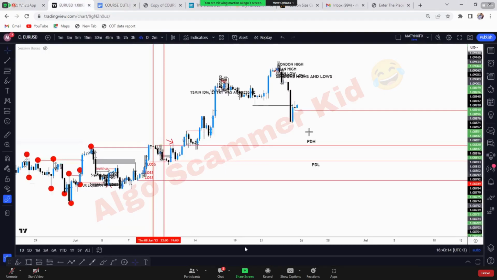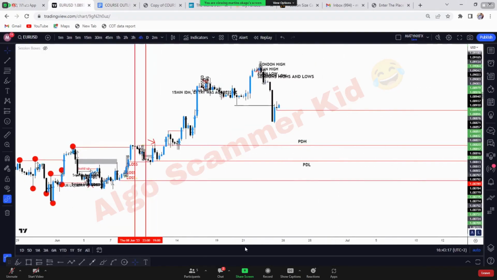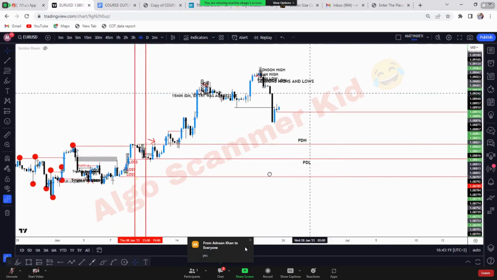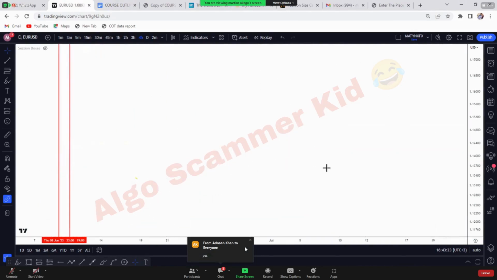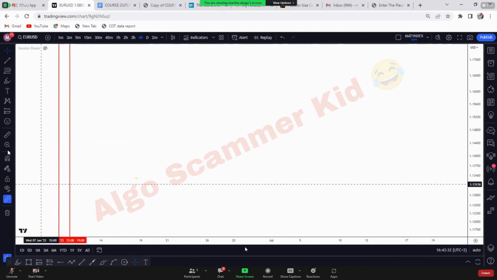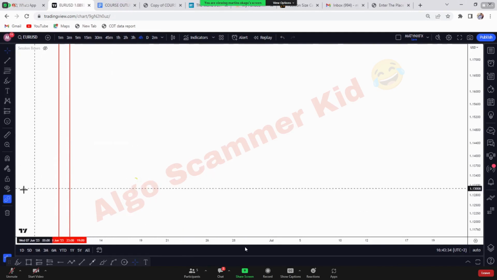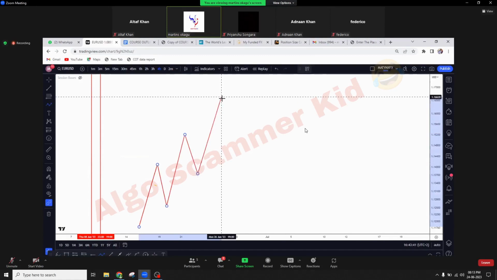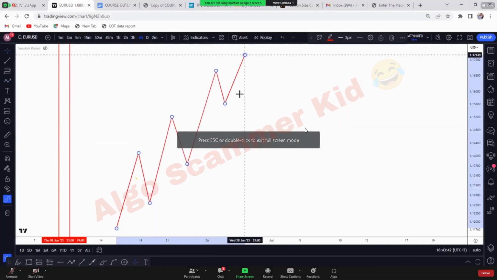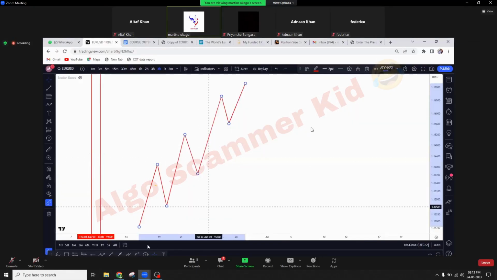IPA, you mean inefficient price action, if I'm not mistaken. If price delivery and or price behavior forms on IPA, do you take IPA alone? IPA has to come after inducement. So let me understand. This is my IPA.